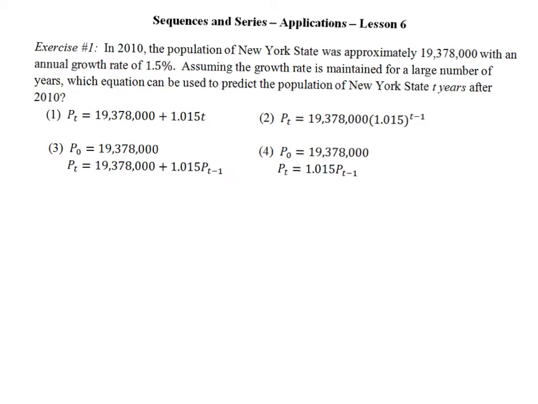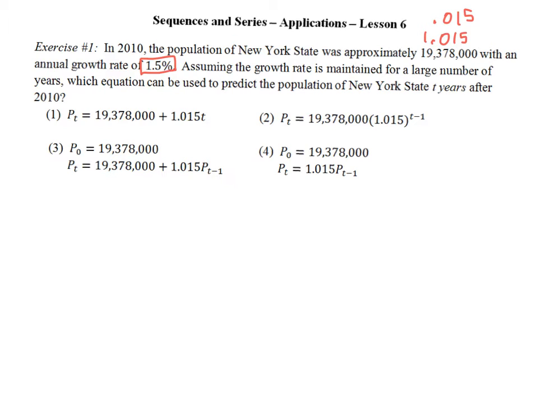It specifies that in 2010 the population of New York State was approximately 19,378,000, and we are given that the growth rate is 1.5%. So with that growth rate, we know that we are talking about an R value of 0.015. So that tells me that in my geometric sequence, that's going to be 1.015 multiplied by each previous term.